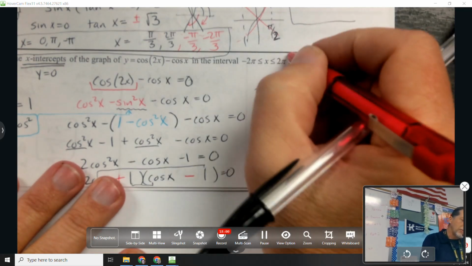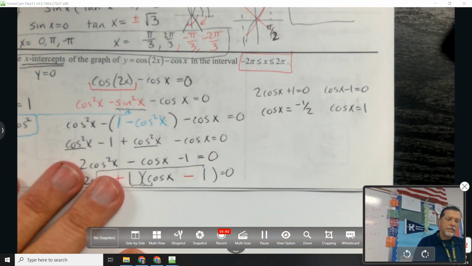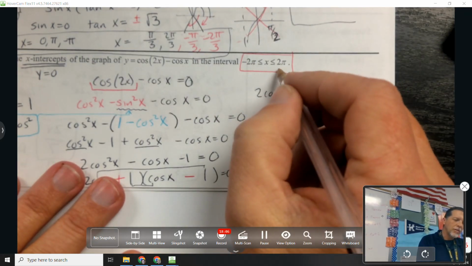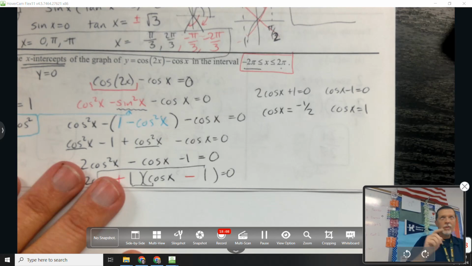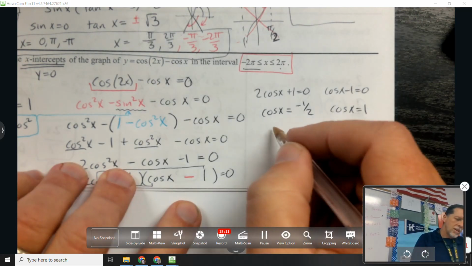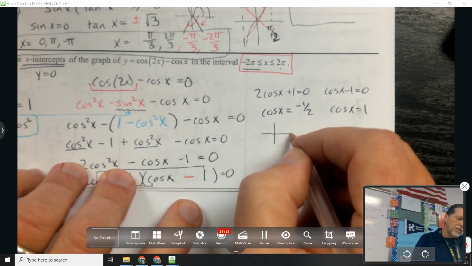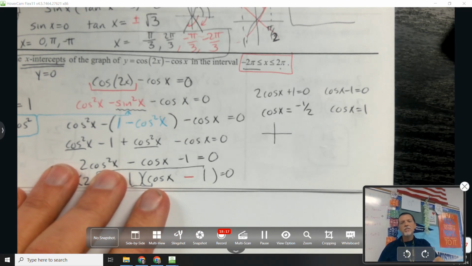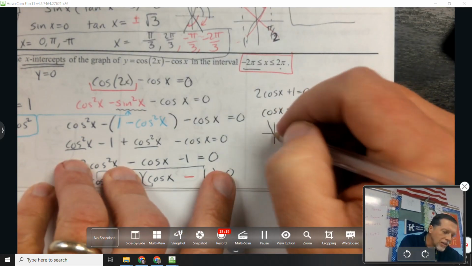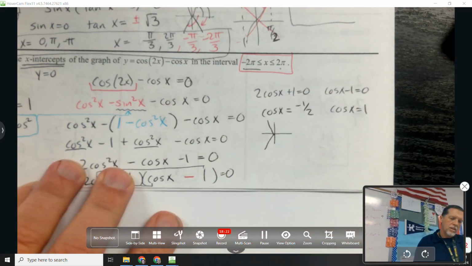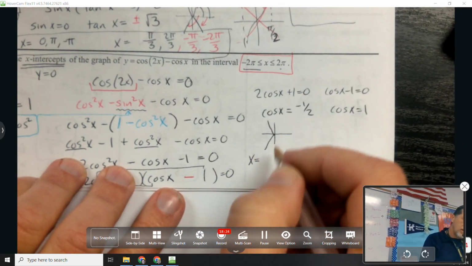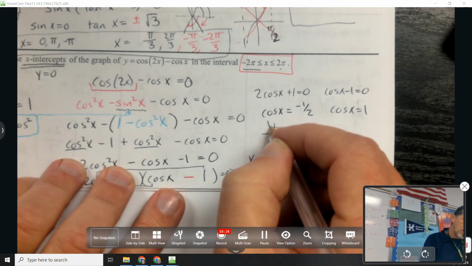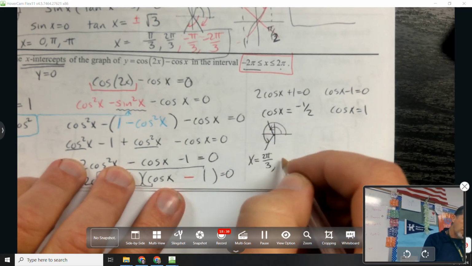Now I'm looking from negative 2 pi to 2 pi. Okay, so like unit circle, that means I can rotate all the way around forward one time, or all the way around backwards one time. Let's see, cosine is negative on the left. Cosine is 1/2 at the over 3's. So that would be 2 pi over 3 and 4 pi over 3.